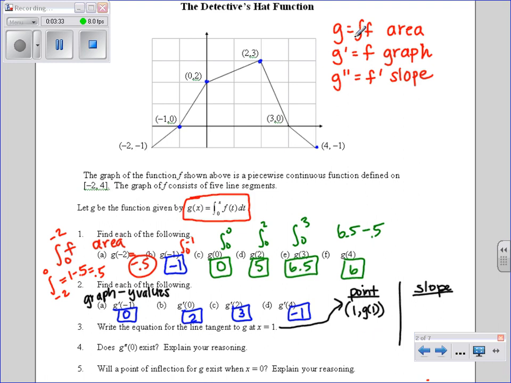But we look up here, and g is our area function. So g of 1 is going to be the area from 0 to 1. It's kind of tricky. This is 0.5, so the area of this would be 0.5 times 1 divided by 2, so it's 0.25. So it's 2.25.